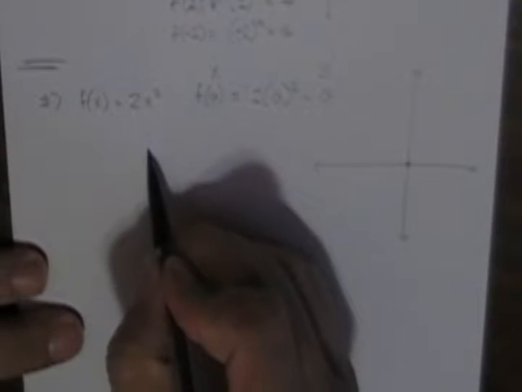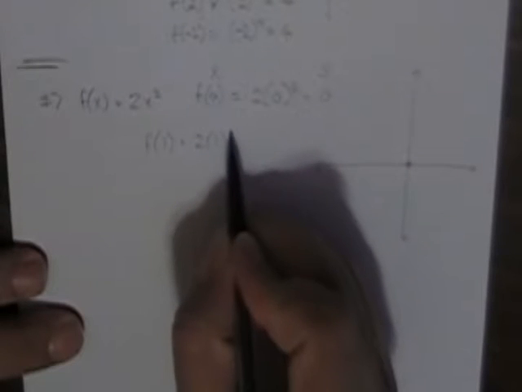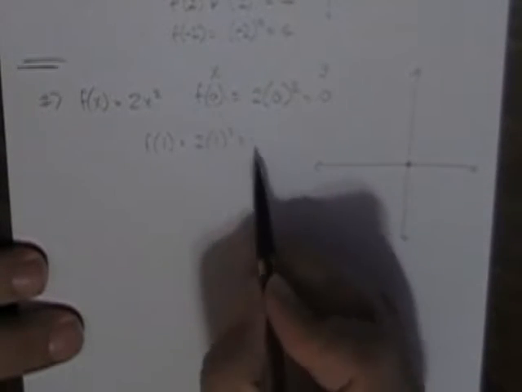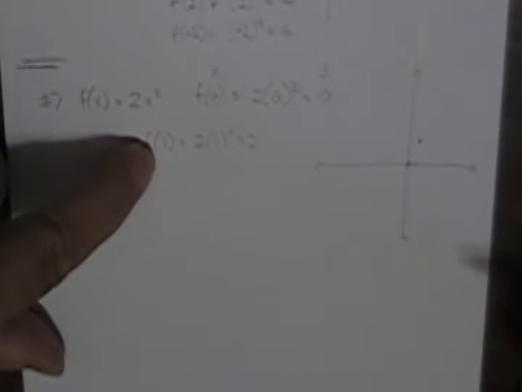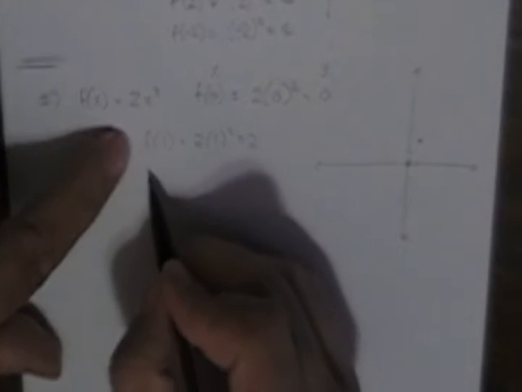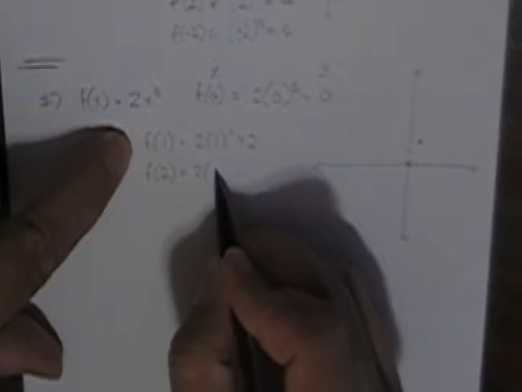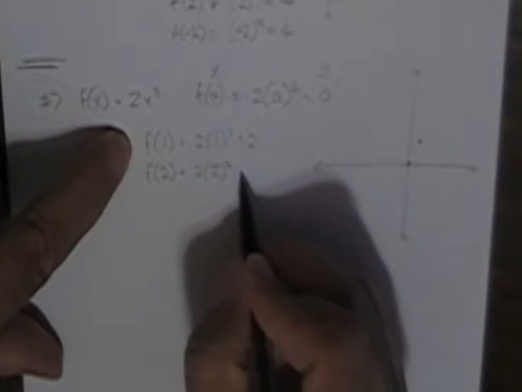Now let's do f of 1. So 2 times 1 squared. 1 times 1 is 1, times 2 is 2. So here's my input. 1 on the x-axis is going to give me a 2 on the y-axis. Let's do f of 2. That's 2 times 2 squared.